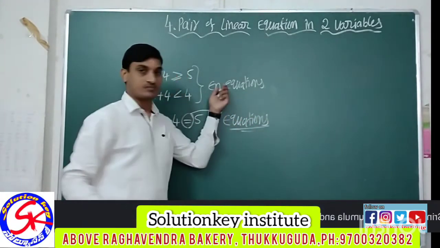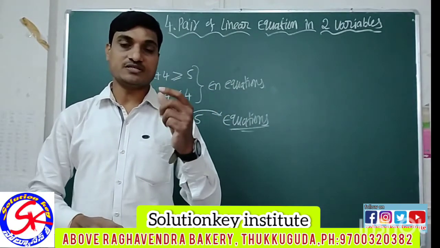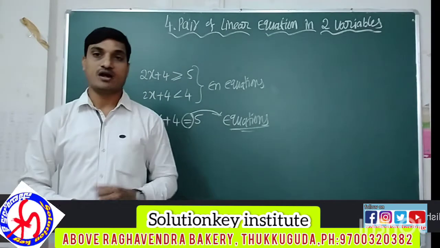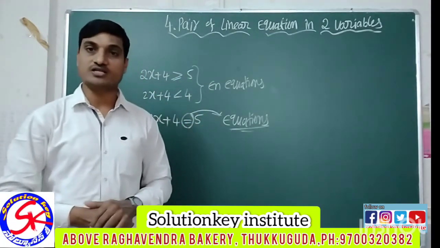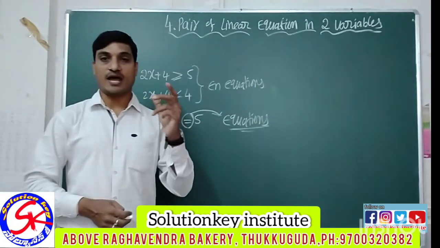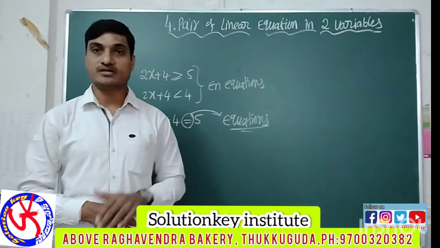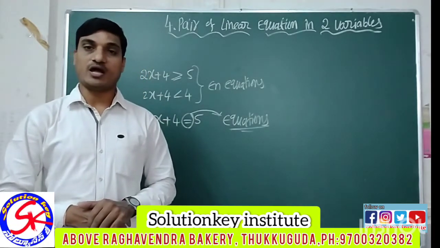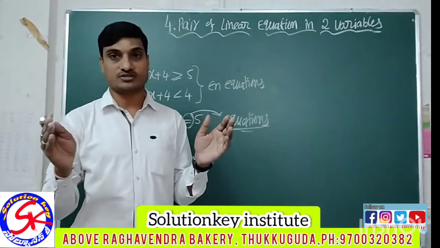Okay, you understood equations and inequations. Equations means you are taking algebraic terms. What are algebraic terms? The collection of variables and constants is called an algebraic expression. And algebraic expressions are divided into some terms.